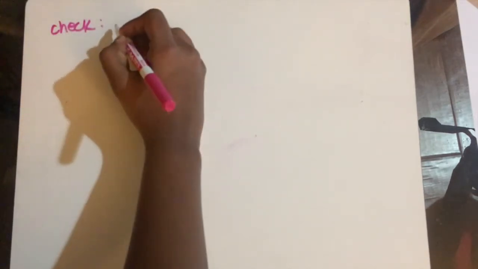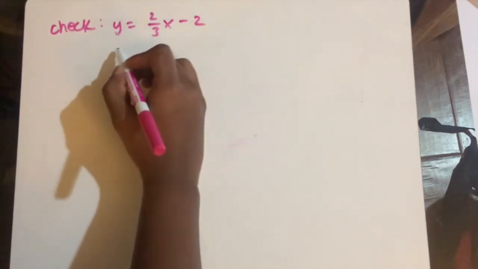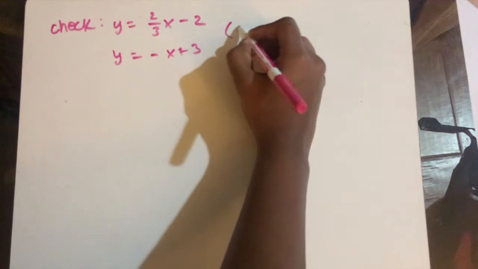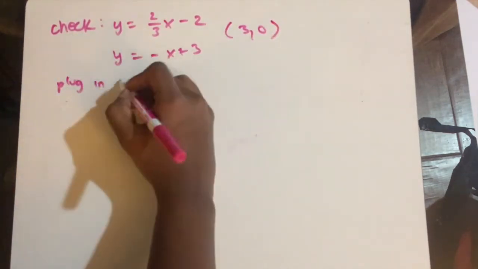We will now check to see if the answers that we found in this example were correct. We will do so by plugging the answers back into the equations and seeing if the equations work out. In this case, that means that we will plug in x is equal to 3 and y is equal to 0 into each equation.